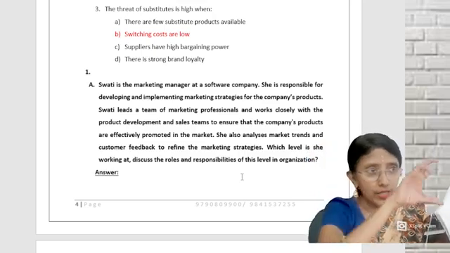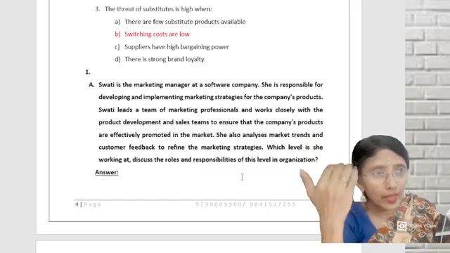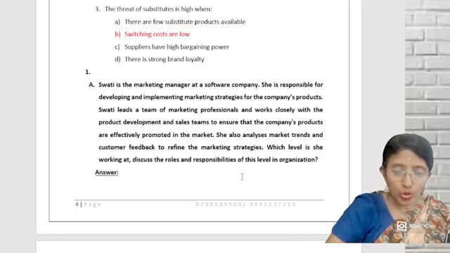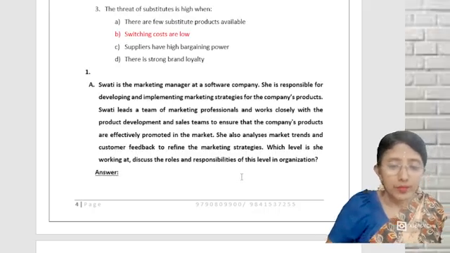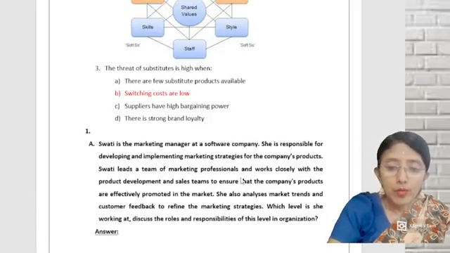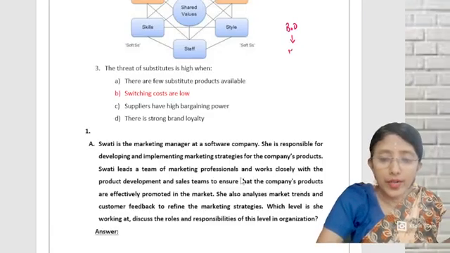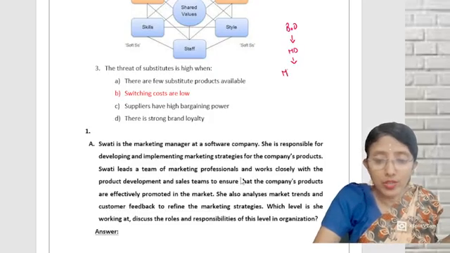So you draw a chart. For a functional structure, you draw a chart and then you explain. You can write like this: board of directors, managing director. So you can write marketing manager.